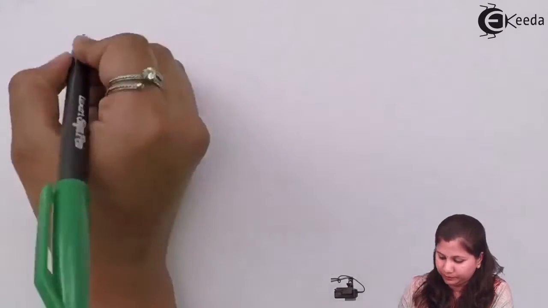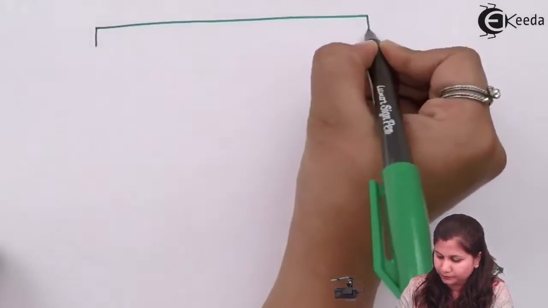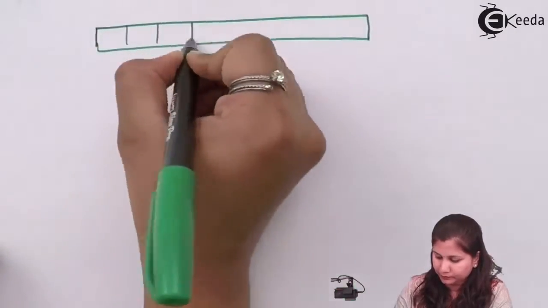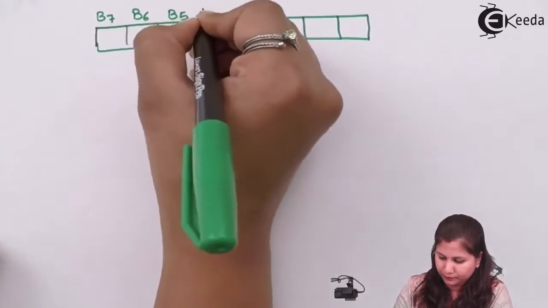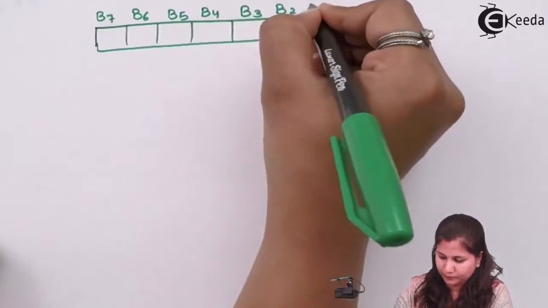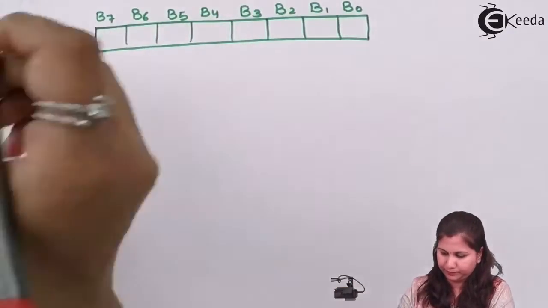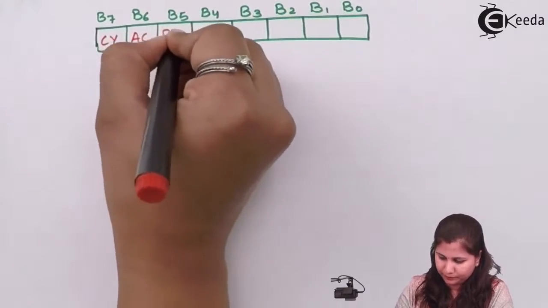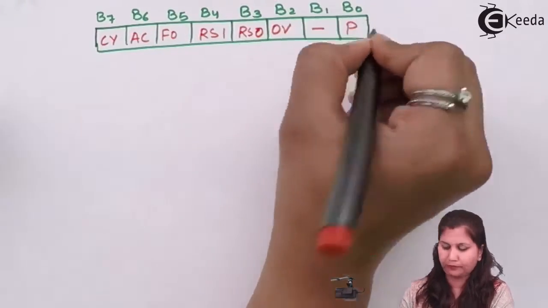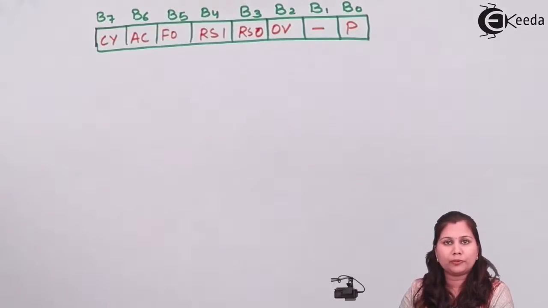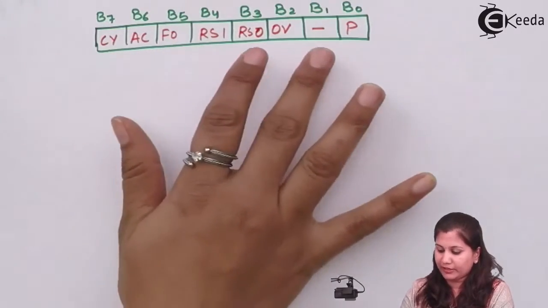So let's see how the 8 bits of the program status word are defined. They are defined just like this.